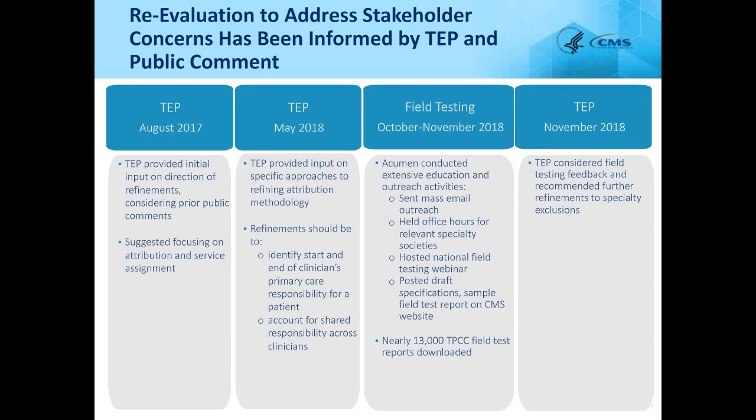And we got a lot of useful feedback from the TEP about that, also reviewed the comments we received in field testing and afterwards, and then made adjustments to the measure accordingly to exclude a whole class of specialties from being attributed the measure if they're unlikely to be involved in any sort of primary care management. Next slide, please.